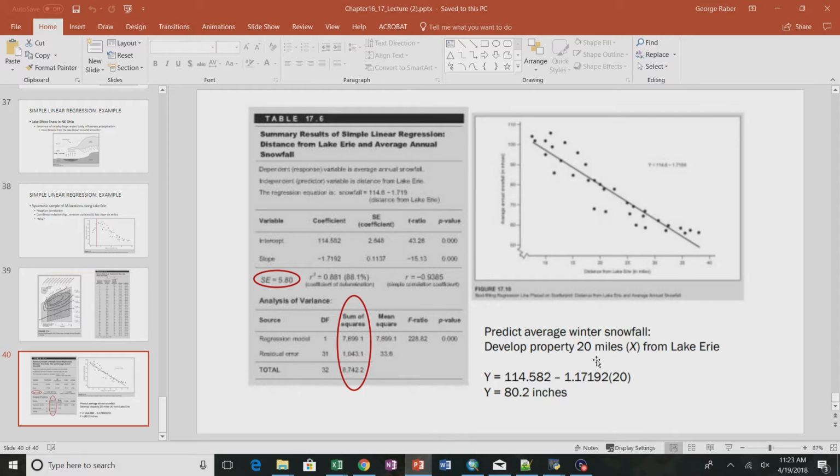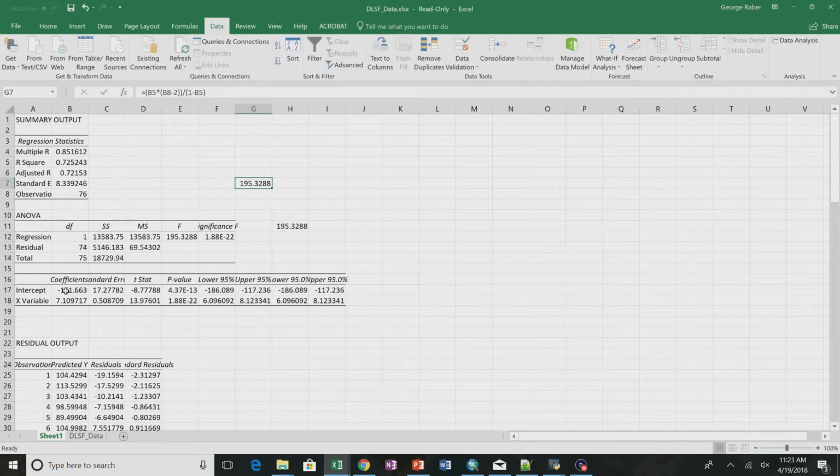Predict the average winter snowfall in a new property that's 20 miles from Lake Erie. The way that you do that is you take the slope and the intercept values. Those are right here in the table. If we were to go back to our table, they're these values right here. These are the values that are used to predict a new value.